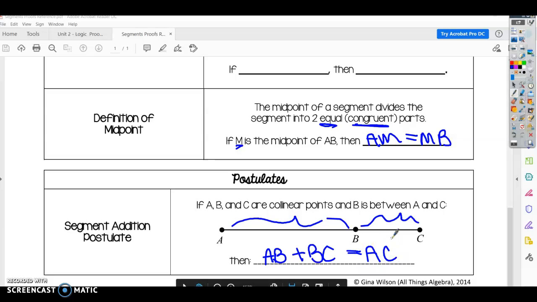All right, so that has to be collinear. That means they have to be on one straight line. Remember, linear equations are lines, and this is just a line segment, but it still applies to the segment addition postulate. So this is the congruence, definitions, and postulates that you need to know.